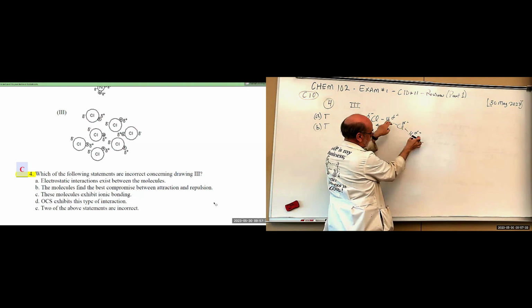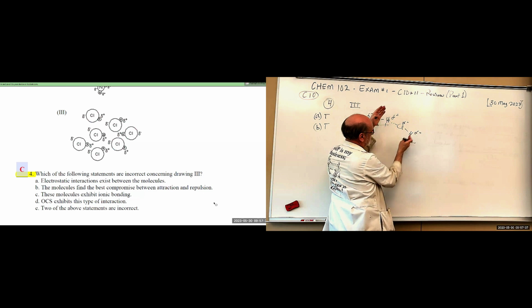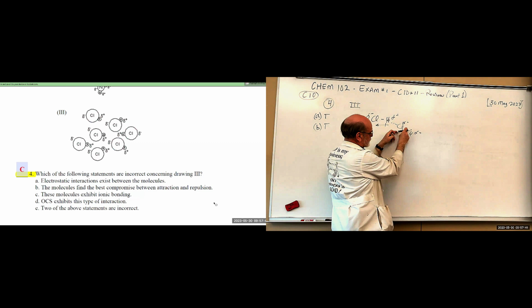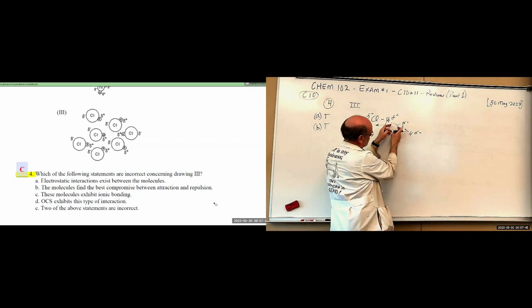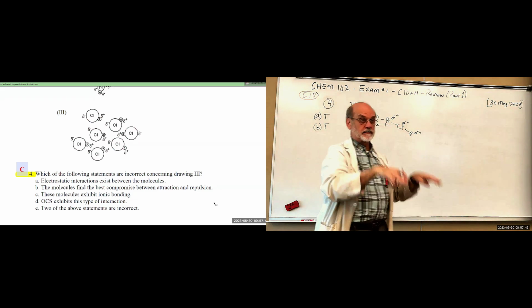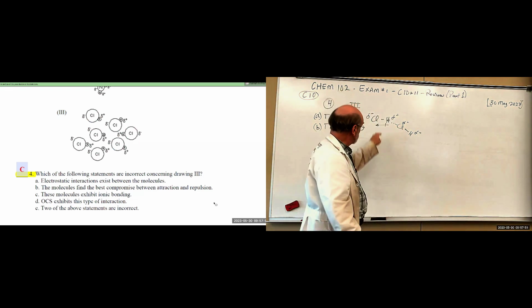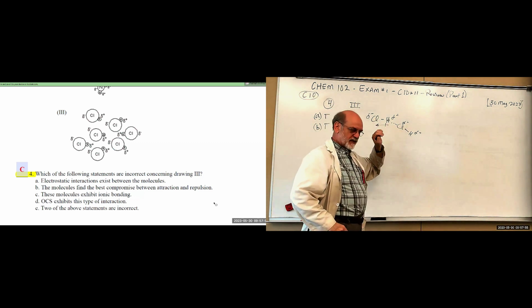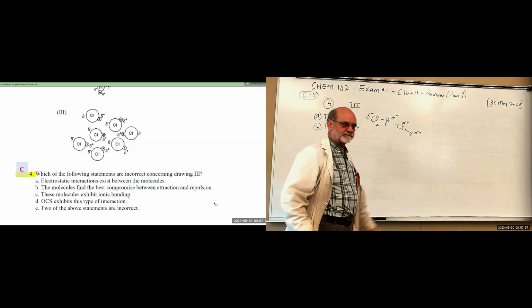Even though it's farther away, you still get some repulsion between these two. So it's going to try to push away, and this connection is going to pull it a little bit, but then this is closer, so you get an attraction there, and it's a balance between the two. The distance between these two molecules is determined by the balance of attraction and repulsion.